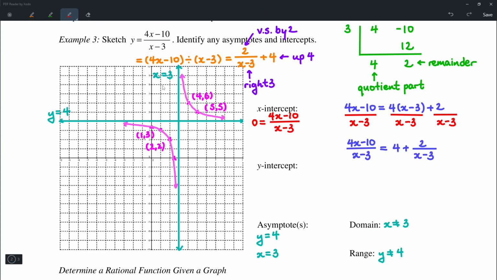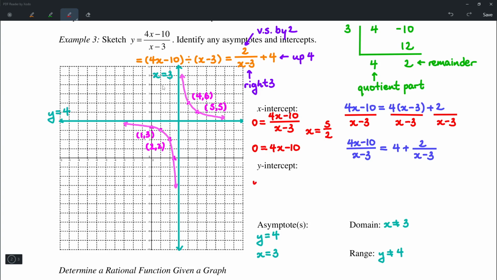Which of course means that 0 is equal to just 4x minus 10. And we can solve for x and get that x is equal to 5 over 2. We will add 10 to both sides and divide both sides by 4. So we get 5 over 2.